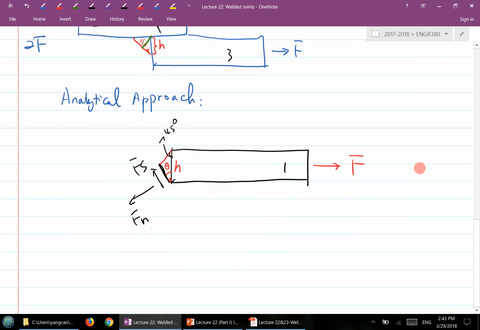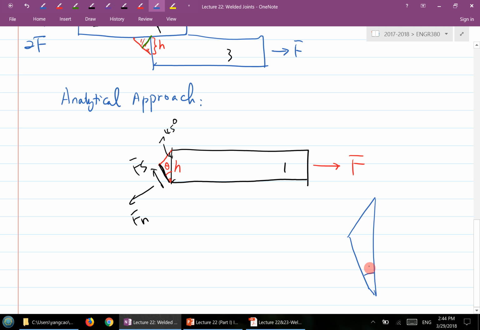So that's how you cut it, assuming on that cross section you have a shear force Fs and the normal force Fn. Now let's just look at the cross section. If I draw the triangle out a little bit, it's like this.